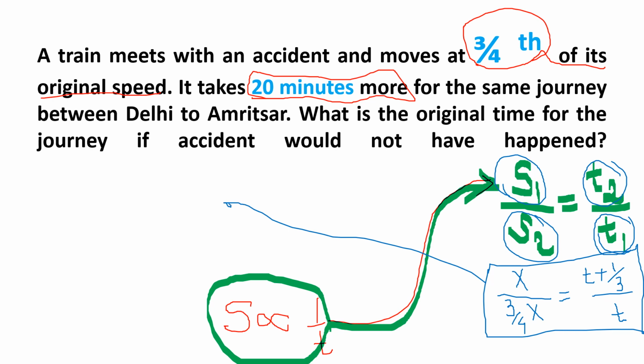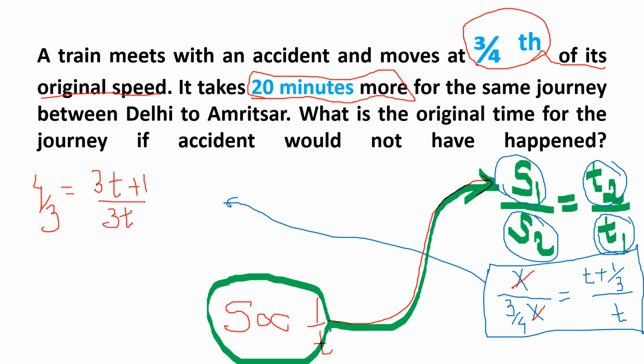Let's come here. Now this x and this x would go. So ultimately it would become 4 by 3 is equal to 3t plus 1 by 3t.